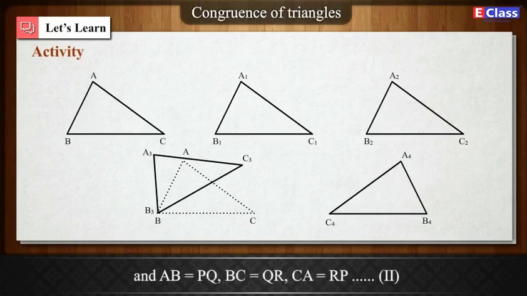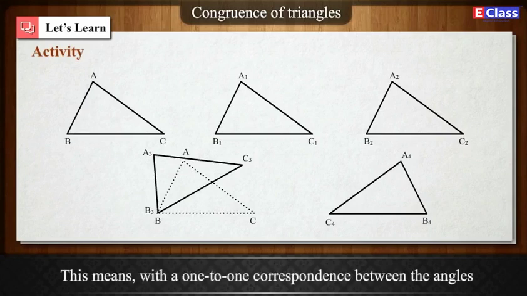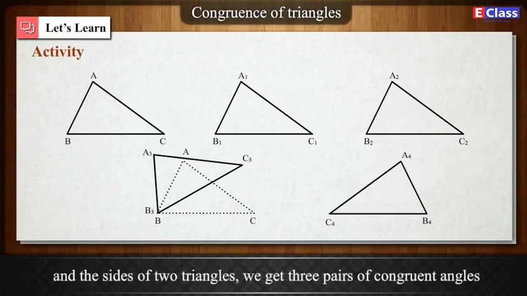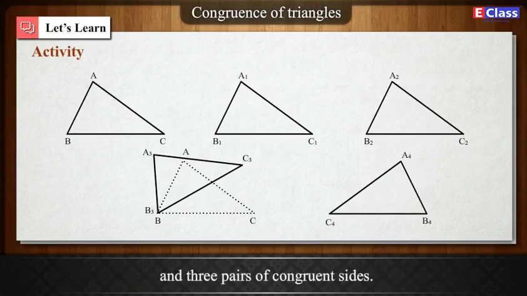And AB is equal to PQ. BC is equal to QR. CA is equal to RP. Let us mark it as 2. This means with a one-to-one correspondence between the angles and the sides of two triangles, we get 3 pairs of congruent angles and 3 pairs of congruent sides.